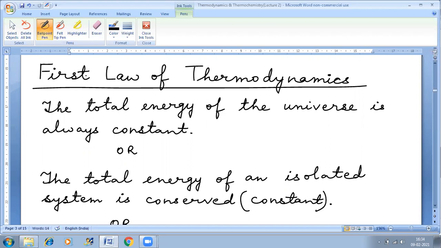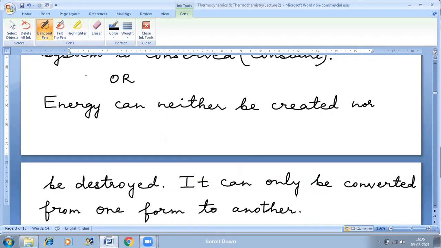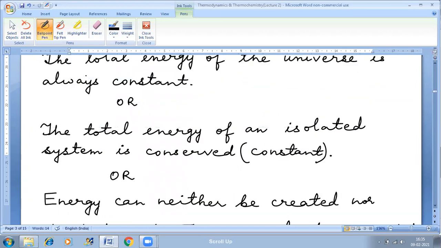The total energy of the universe is always constant, or we can say the total energy of an isolated system is always constant. Or we can say this, that is, energy can neither be created nor be destroyed. It can only be converted from one form to another.